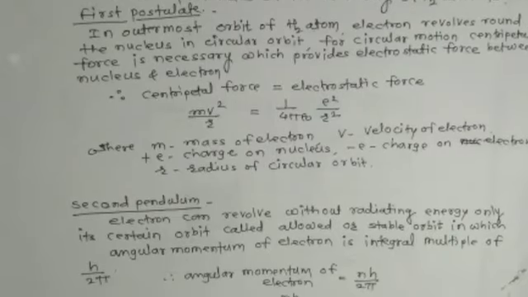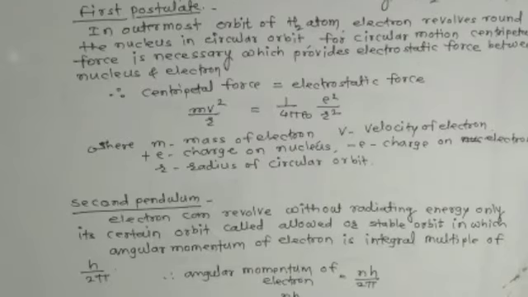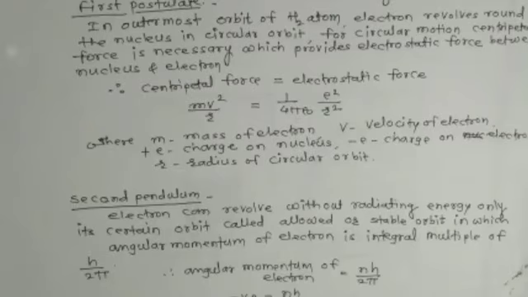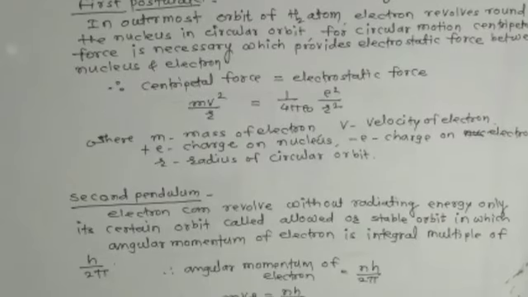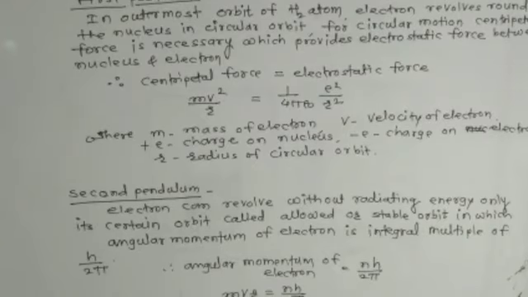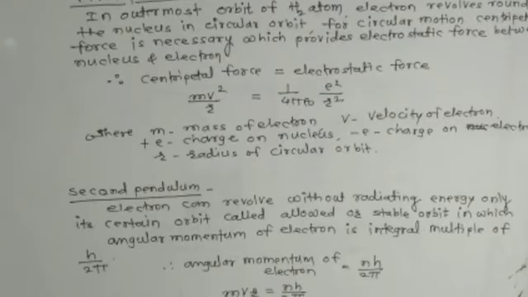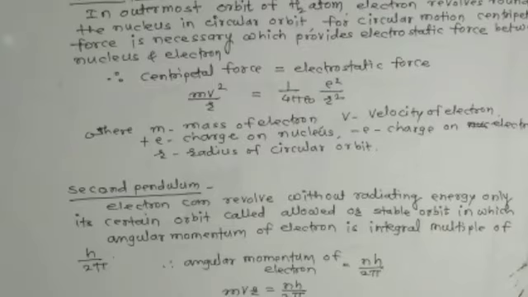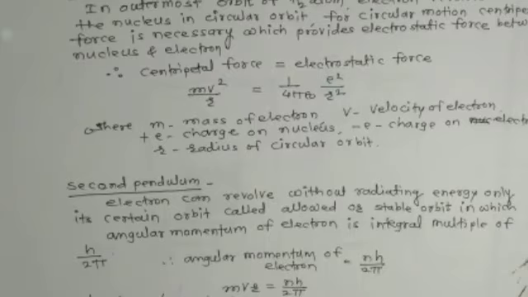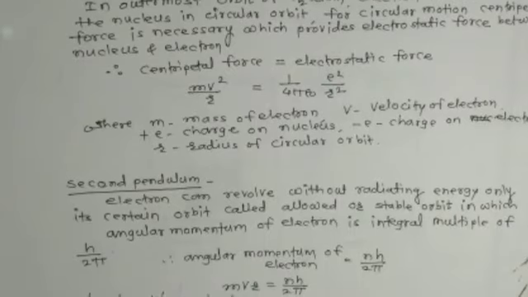Therefore, mv square upon r is equal to 1 upon 4 pi epsilon 0 into e square upon r square, where m is the mass of the electron, v is the velocity of the electron, e is the charge on the nucleus, minus e is the charge on the electron, and r is the radius of the circular orbit.